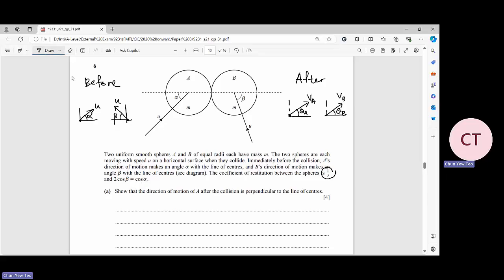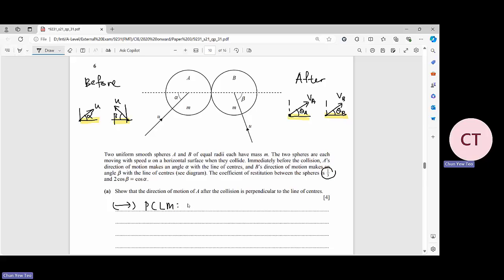So with all this, now we are ready. First of all, you consider the horizontal component. We will be using the PCLM, Principle of Conservation of Linear Momentum.